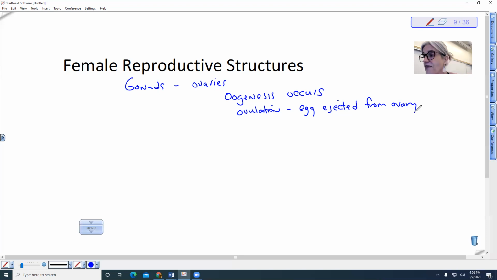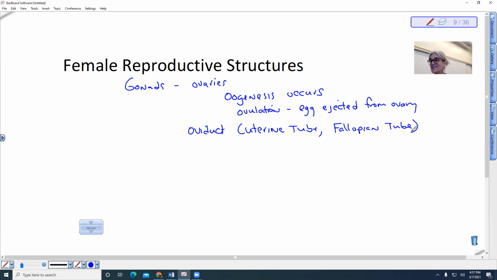So we have from the ovary, the egg is ejected and it's picked up by the, let's call it the oviduct. It could also be called the uterine tube and the fallopian tube. So this is my oviduct, uterine tube. This would be fallopian tube.